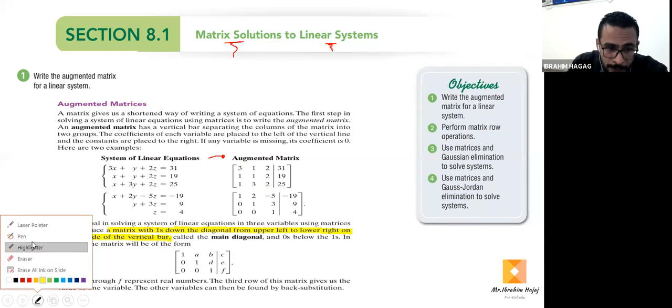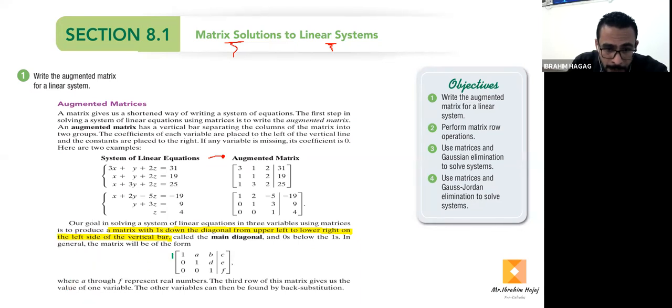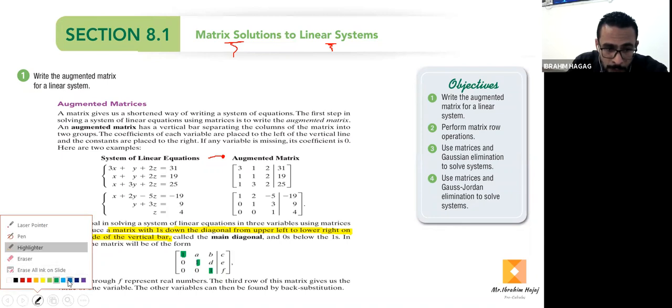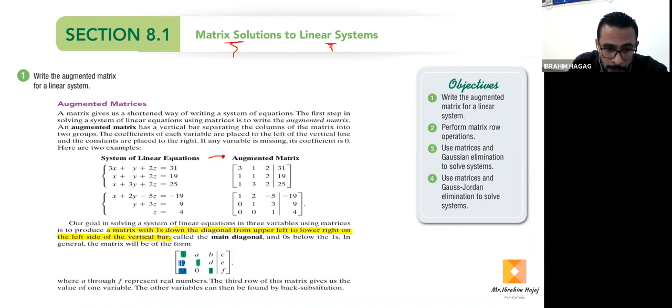We have to change them to ones as a main diagonal and zeros below the ones. As you notice, the main diagonal from the upper left to the lower right should be ones, and all elements below these ones should be 0.